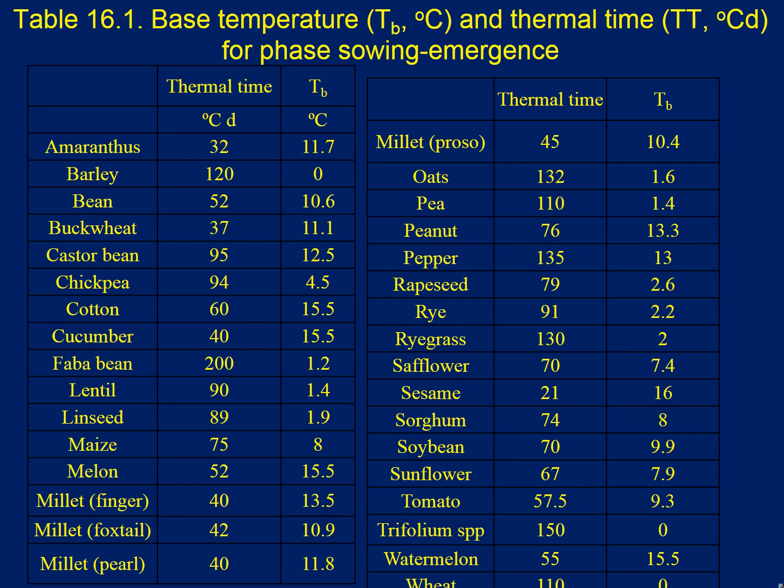On the other hand, we have species more adapted to spring-summer sowing, like maize, base temperature 8, millet from 8 to 13, peanut, etc. Many horticultural crops, like pepper, will require rather higher temperatures. Tomato 9.3, etc. So the range in base temperatures might go from 0 to around 15 degrees.